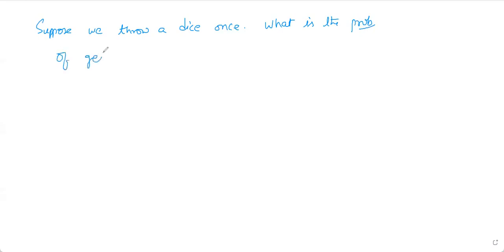Let us have a look at another problem. Suppose we throw a dice once. What is the probability of getting a number greater than 3?